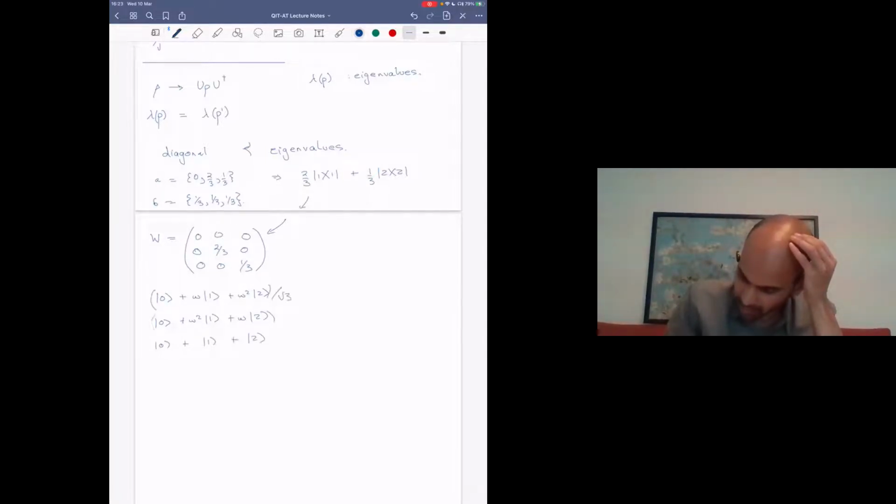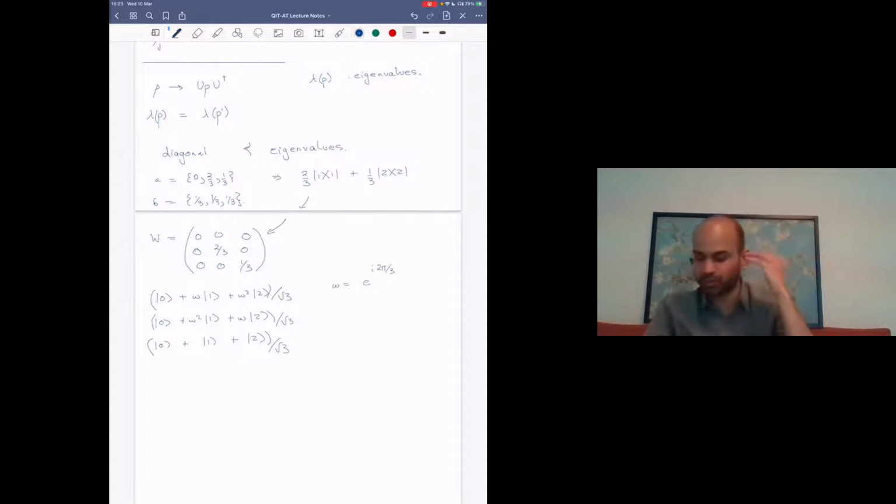Everything, of course, divided by the square root of 3. And omega is equal to the cube root of 1, the complex cube root of 1.